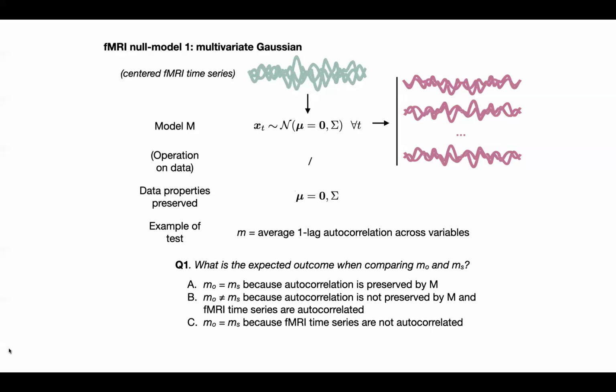Do we expect that M0 is equal to MS because autocorrelation is preserved by the model M? Do we expect that M0 is different from MS because autocorrelation is not preserved by M and fMRI time series are autocorrelated? Or do we expect that M0 is equal to MS because fMRI time series are not autocorrelated? So take a few seconds, try to make your opinion.